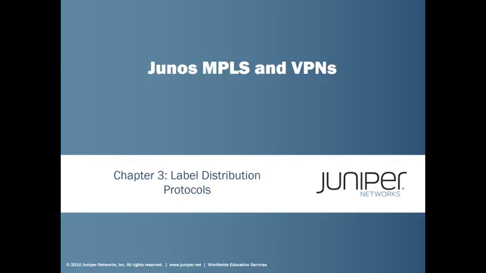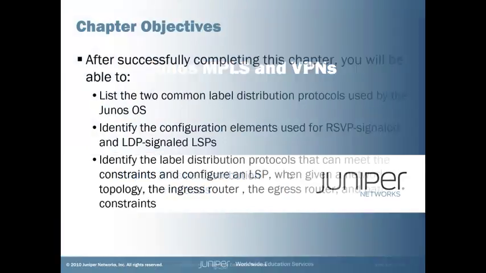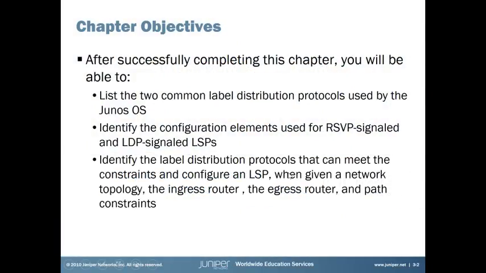We're going to look at our label distribution protocols, and these are absolutely amazing in that they will go ahead and create a label switch path for you, and all you need to do is simply tell them where you want that path to go, and they'll go ahead and configure up your routers for you and create that path. So let's take a look at how these signaling protocols, as they are usually referred to, work.